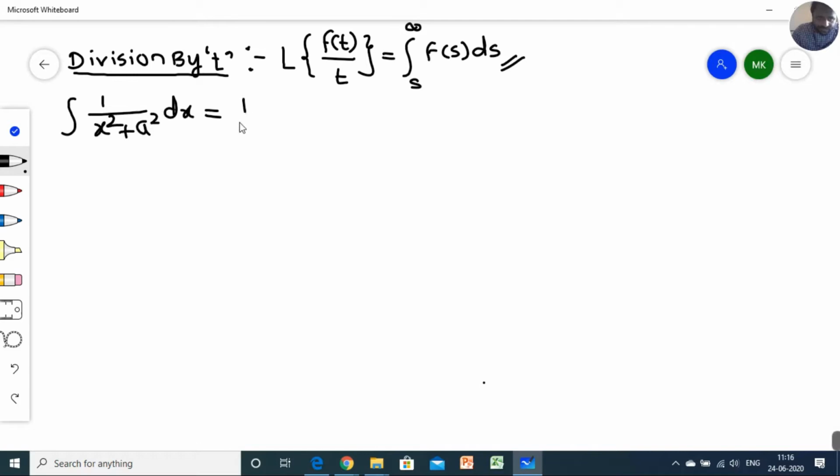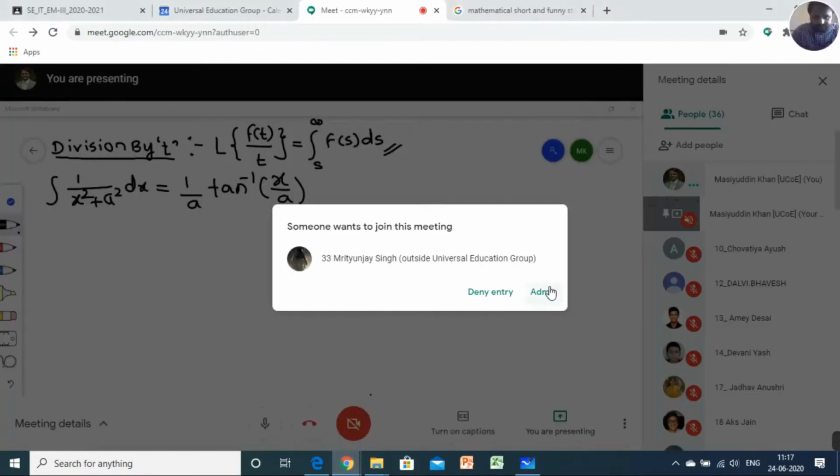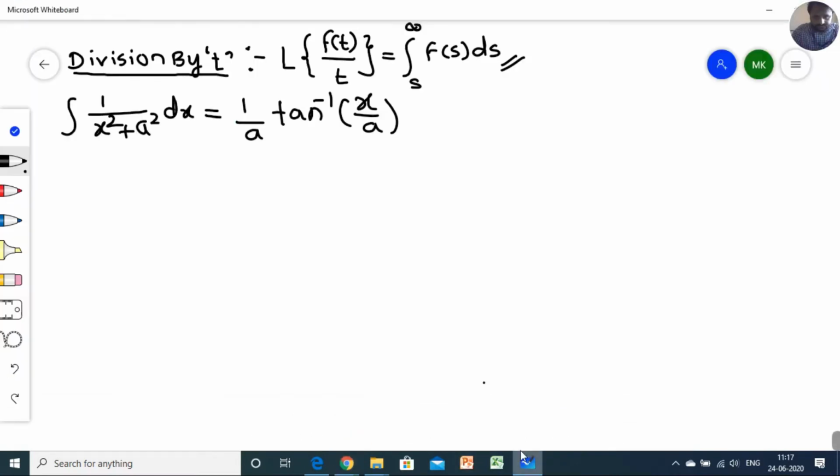It is equal to 1 by a tan inverse of x by a, plus c when the integration is undefined.